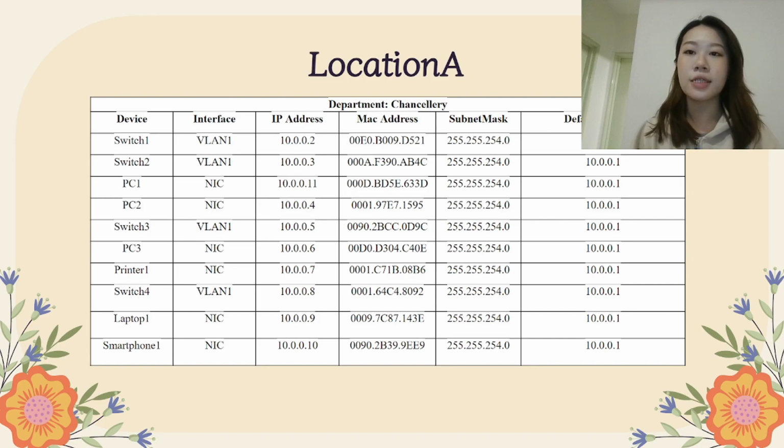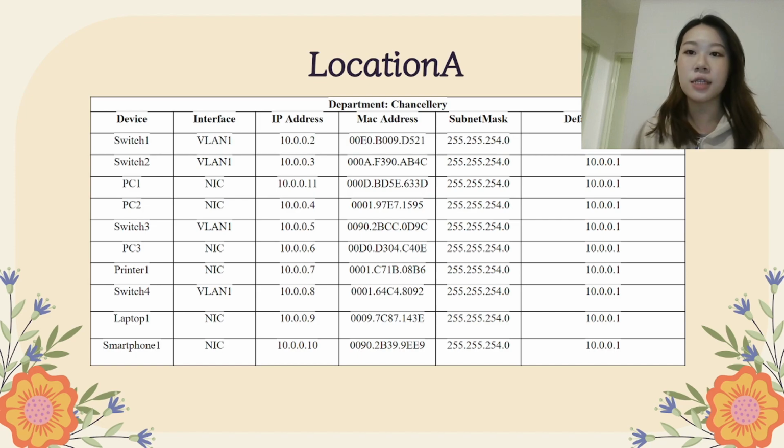In this table, you can see that we use VLAN 1 as the interface for all the switches, including multi-layer switch and switch PT. And for the end devices like printers, PC, smartphone, we use network interface card as the interface. As for the switches, to calculate the switch IP address, we use the first usable IP address from the subnetting table, and +1.